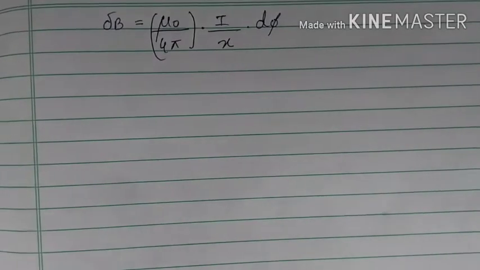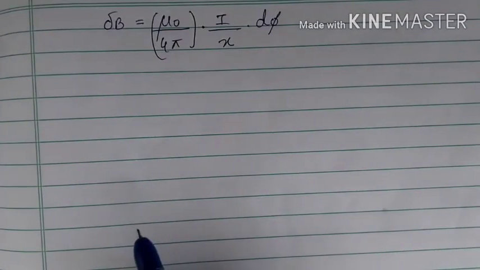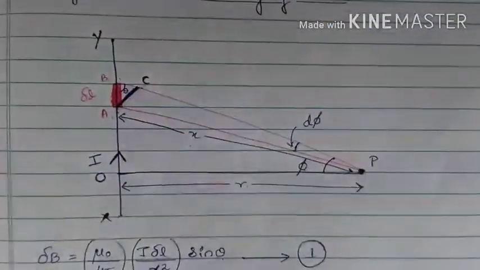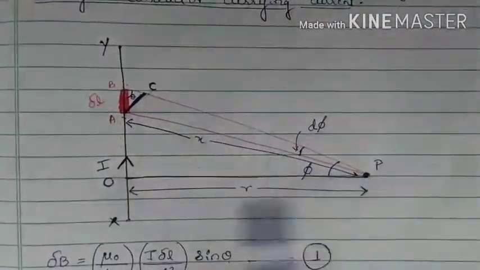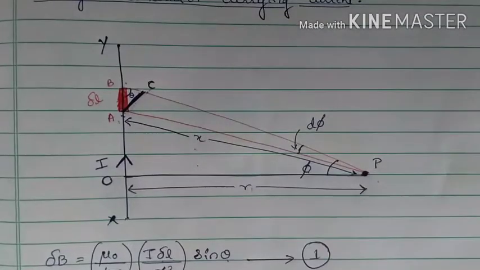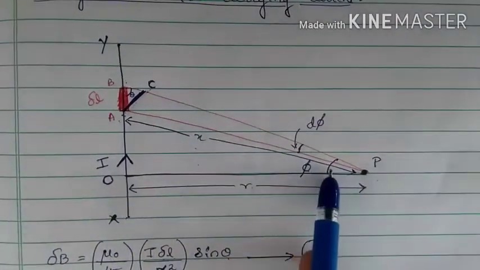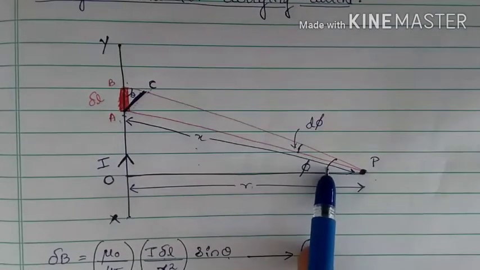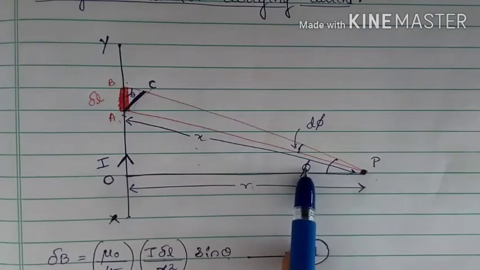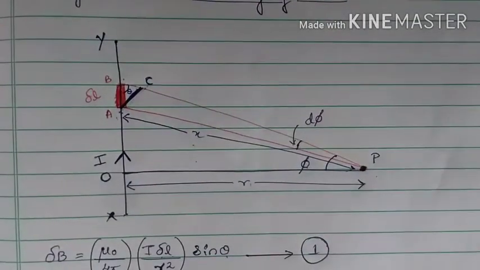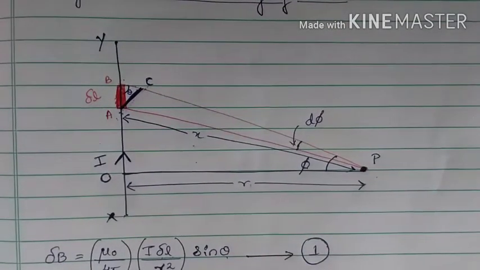Next, consider a right angle triangle APO. From this right angle triangle you have to take cos phi. Cos is what? Adjacent by hypotenuse.